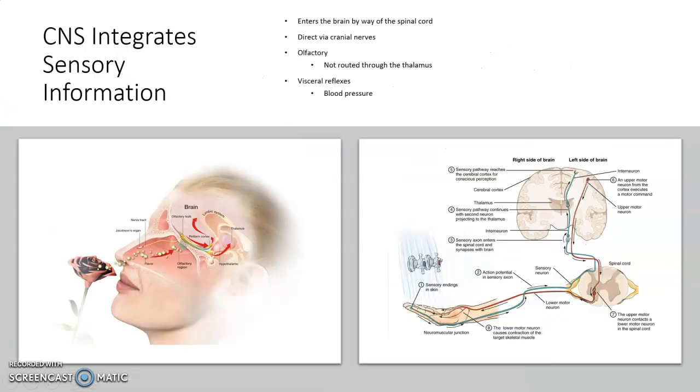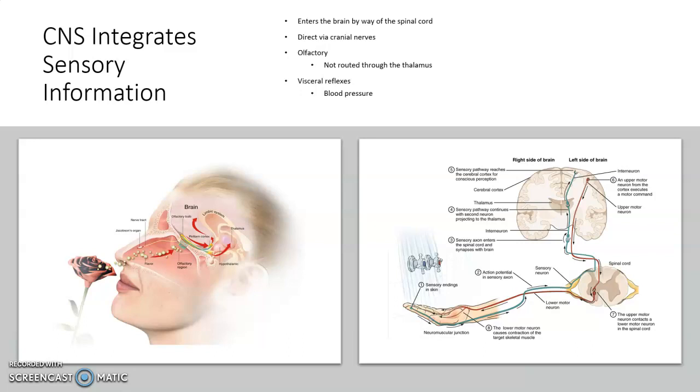All right, this is just a summary slide. So basically, our peripheral nervous system senses changes in our environment using peripheral receptors and sends signals to the central nervous system by means of depolarization or neurotransmitters.